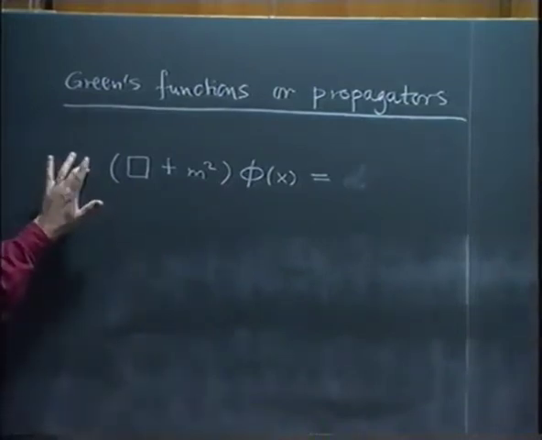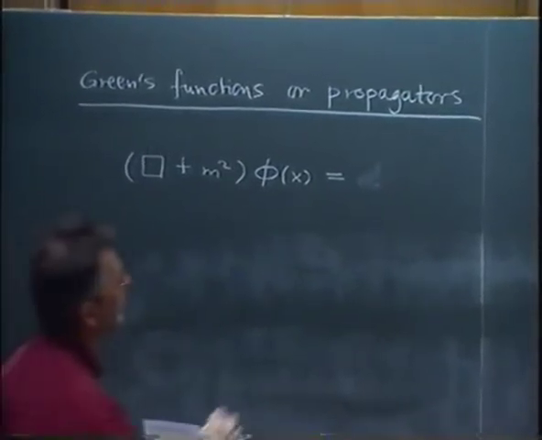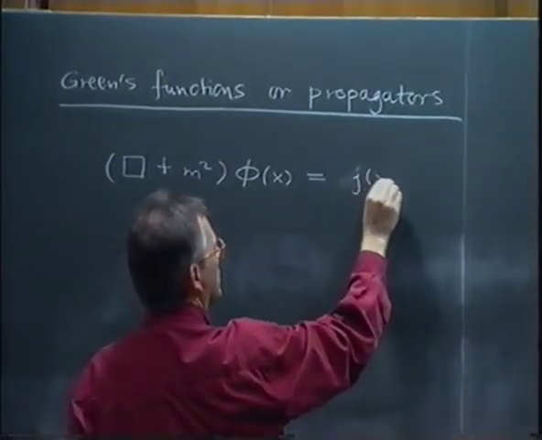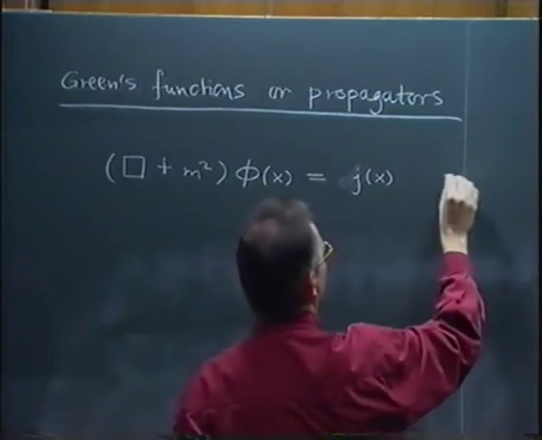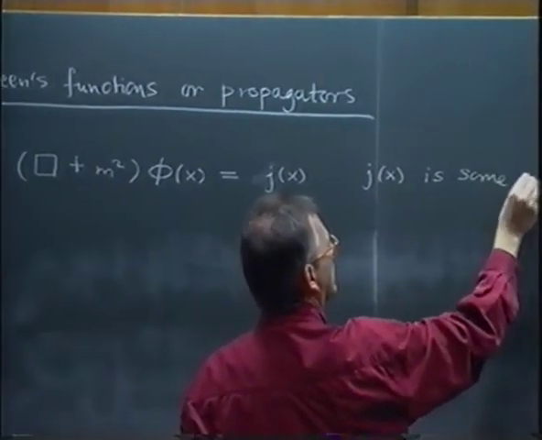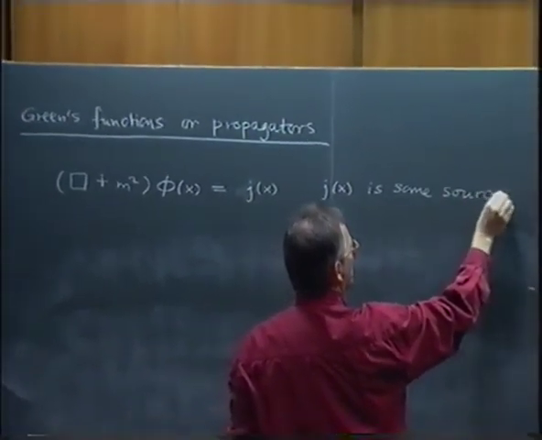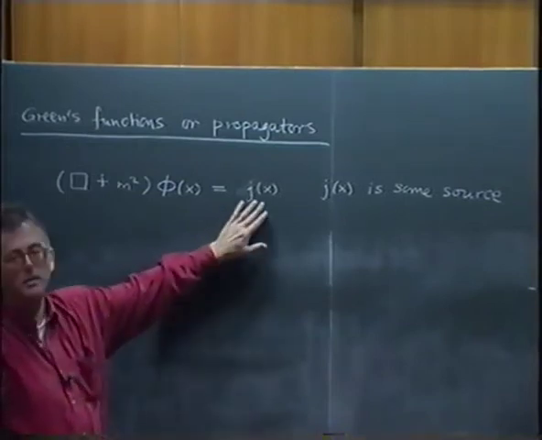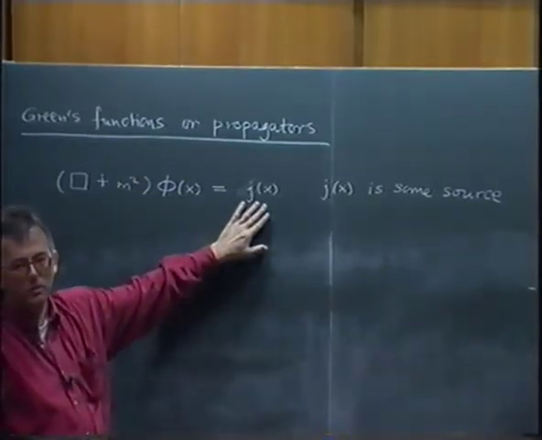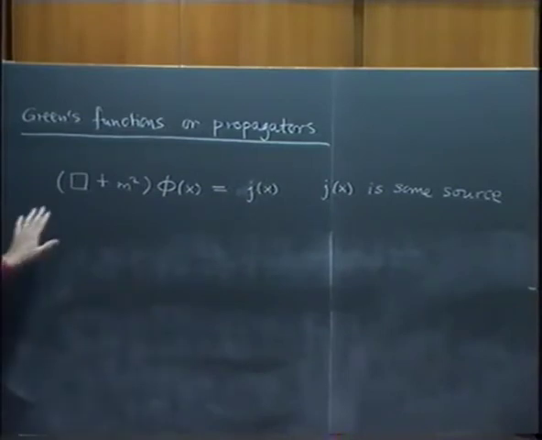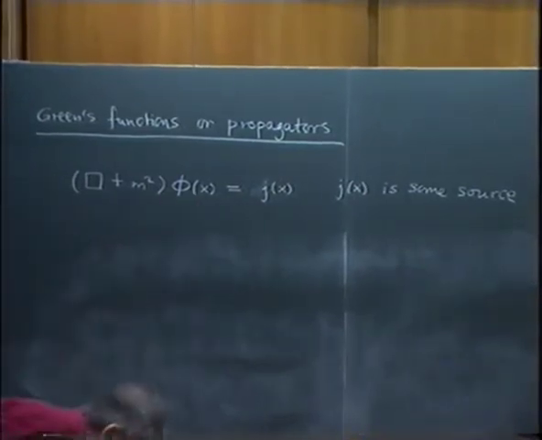Well, I take this equation, and instead of putting 0 on the right-hand side, I put now some source term on the right-hand side. J of x is some source. At this point, we don't want to specify. In principle, to keep things easy, think of this as an external source, like an external field that serves as a source for this field.